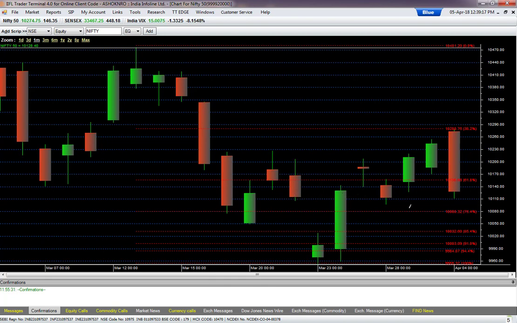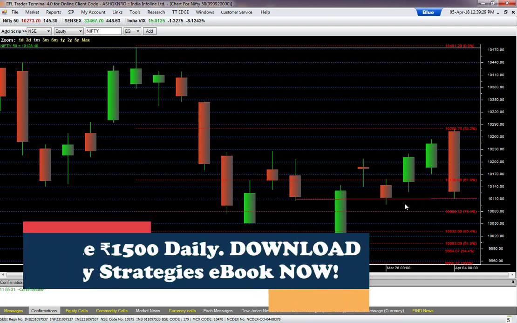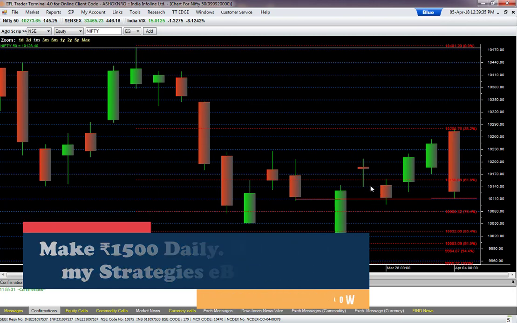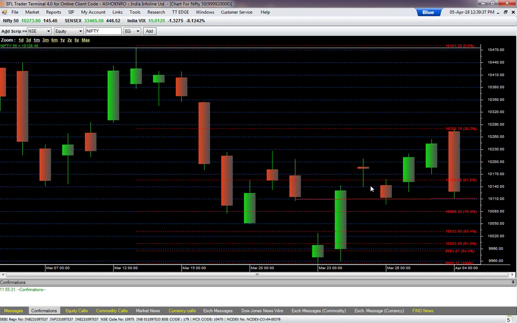Look at this, it took support almost around this. Okay, it stopped over there. So that's one thing you have to consider. There are supports and resistances in between Fibonacci retracements which matter as well. Fibonacci retracement itself is not the whole of the support and resistance zones.